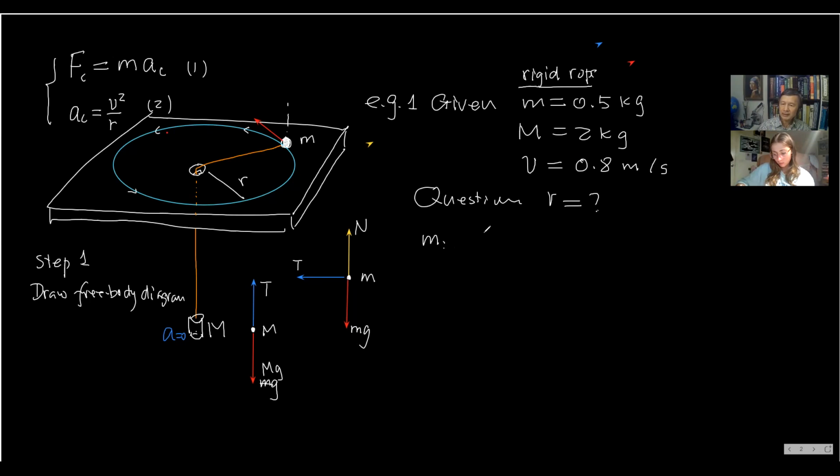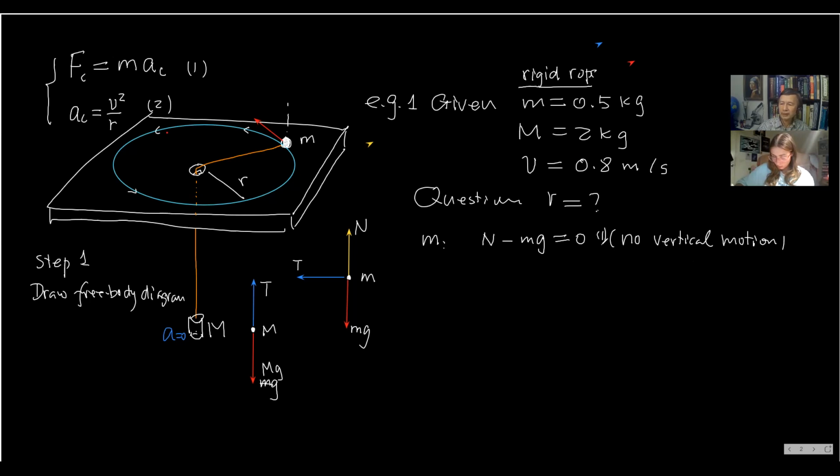One is that the normal force minus mg must equal 0, because there's no vertical motion, no vertical acceleration.